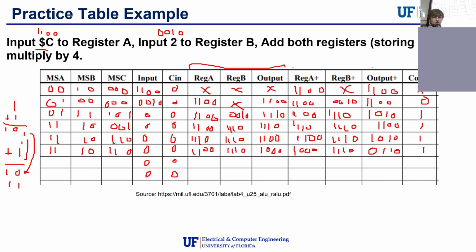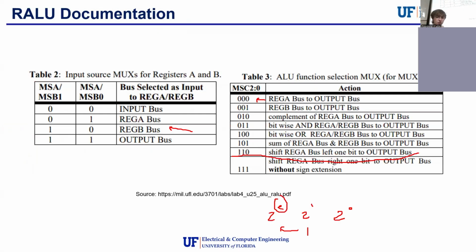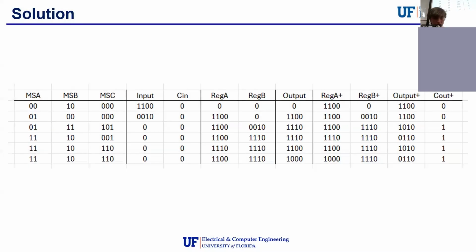So I guess we didn't need these last 2 rows, but this should be the entire table that you have to implement these instructions using the given table here. And I have a solution here. So this solution uses register A and register B as zeros. But like we said before, if you don't know the initial state of these, you can just have them as X's.